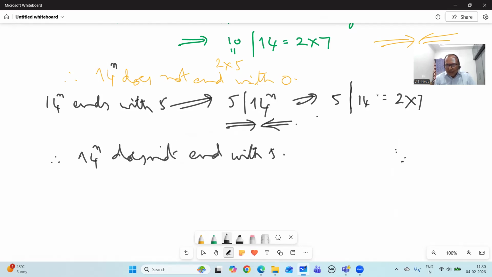This has arisen because of this false assumption. So this is false, which means 14 power n does not end with 5.